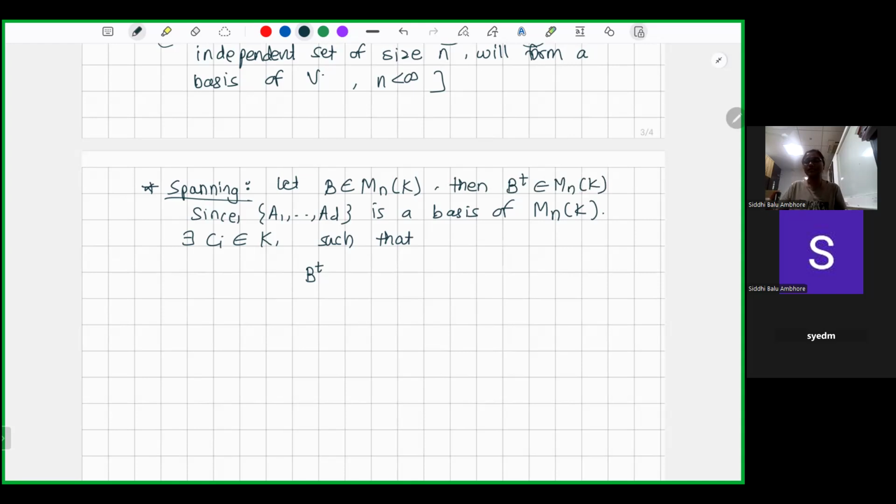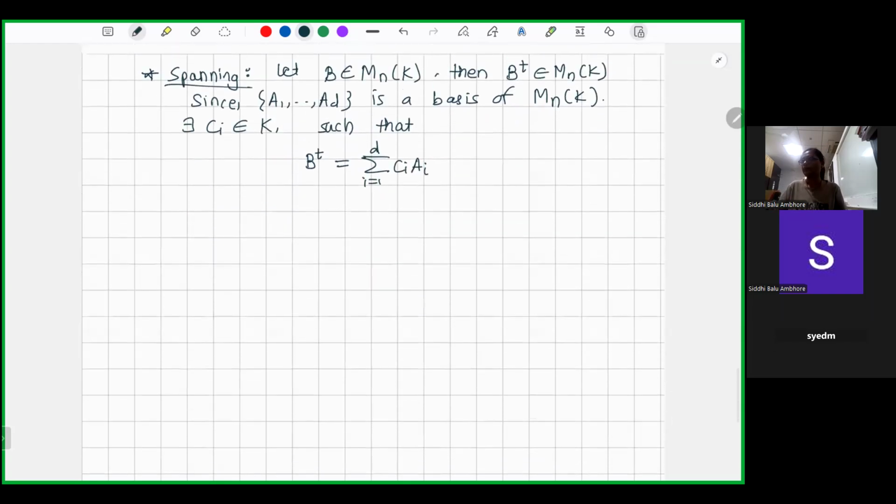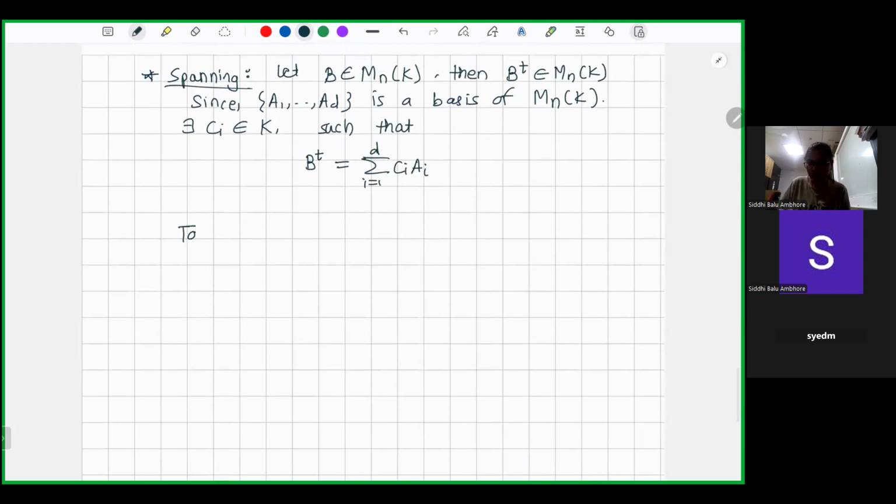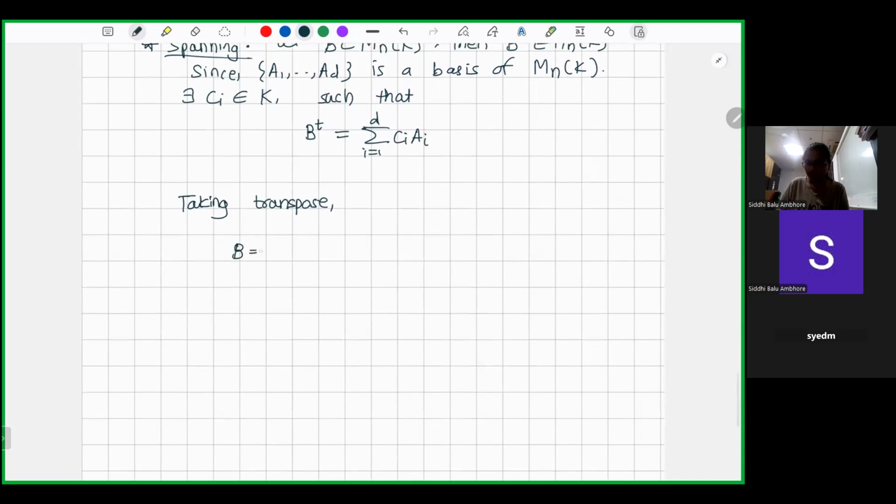So for this B transpose, I can write it as a linear combination of c1 to ad. And when we take transpose, I will have B equal to (B transpose) transpose, right?